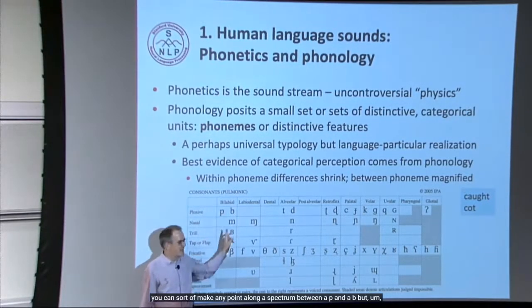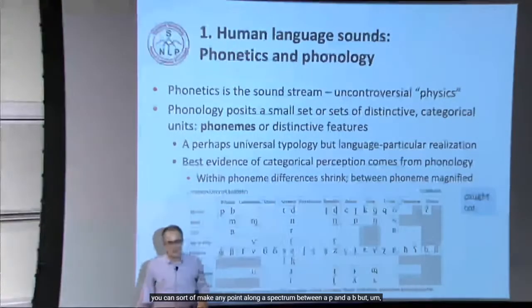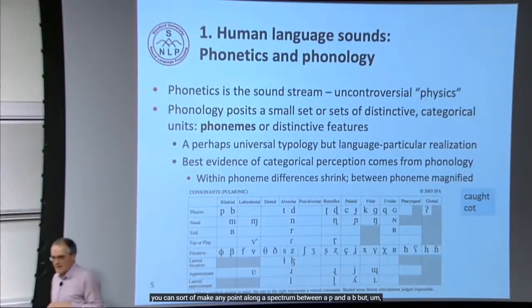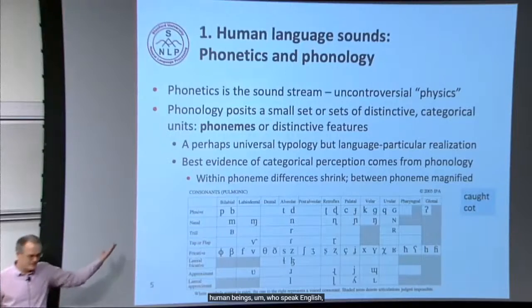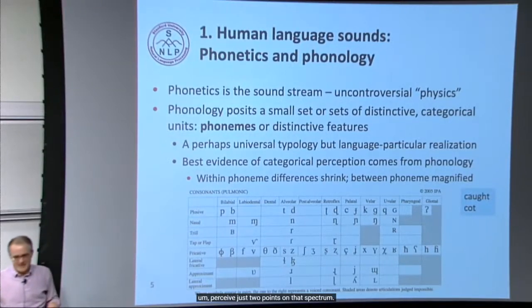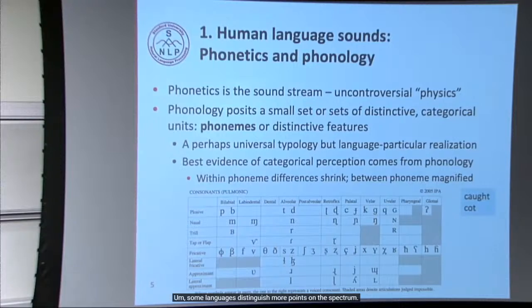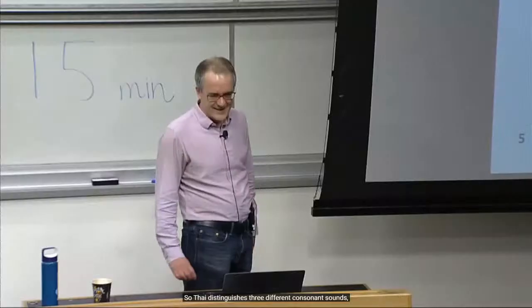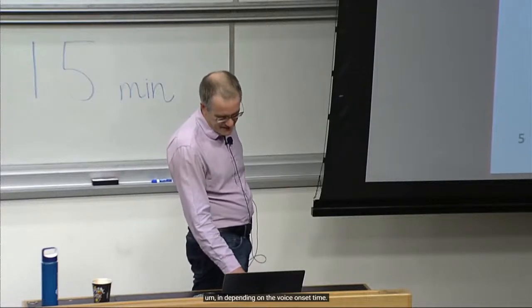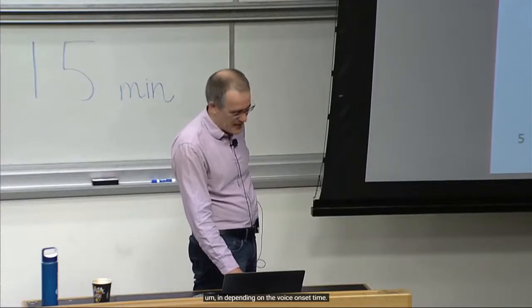You can make any point along a spectrum between a P and a B, but human beings who speak English perceive just 2 points on that spectrum, and you don't really notice the fine differences between them. Some languages distinguish more points on the spectrum. Thai distinguishes 3 different consonant sounds depending on the voice onset time.